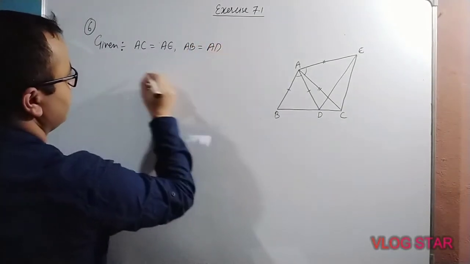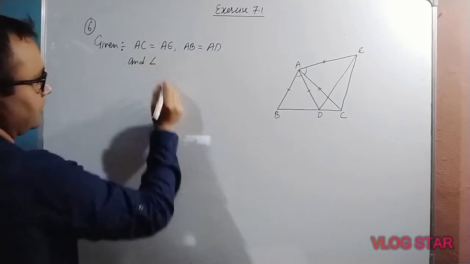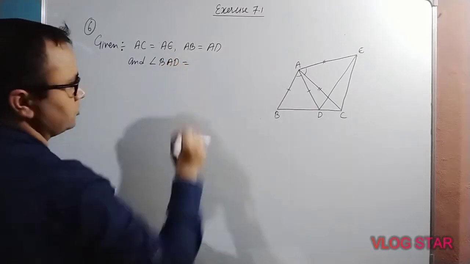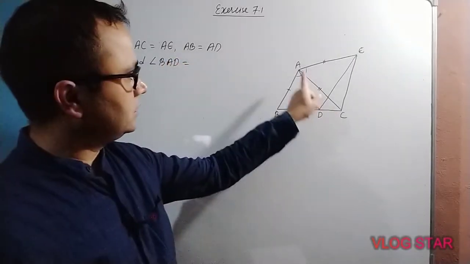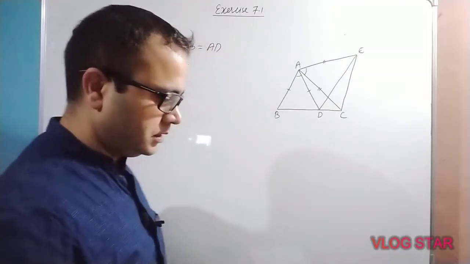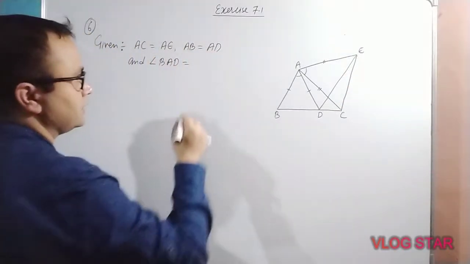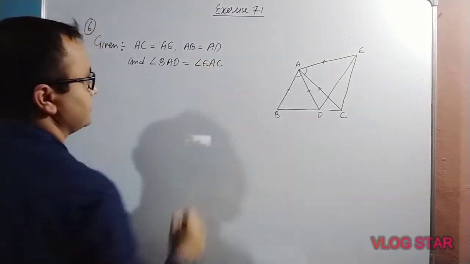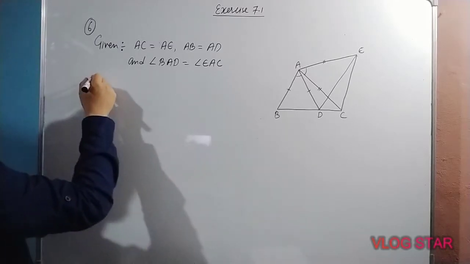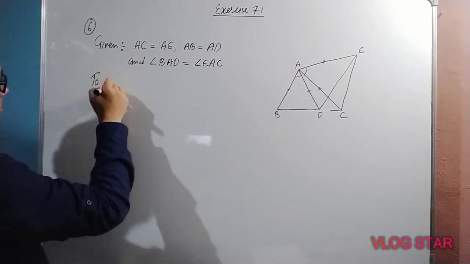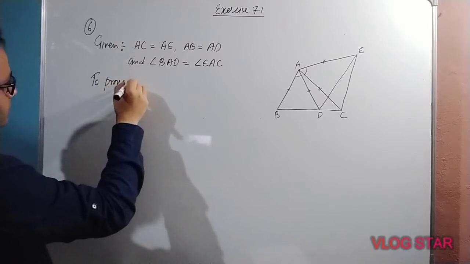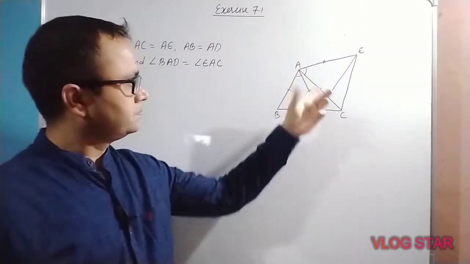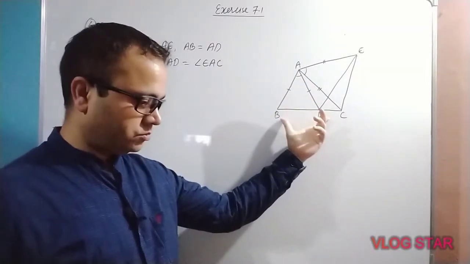It is also given that angle BAD equals angle CAE, or angle EAC. Now we have to prove BC equals DE.